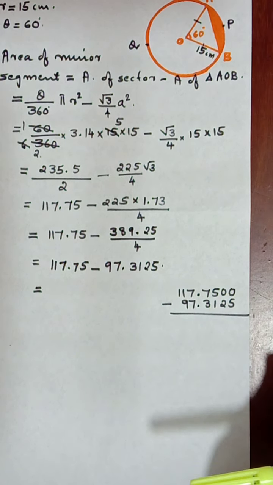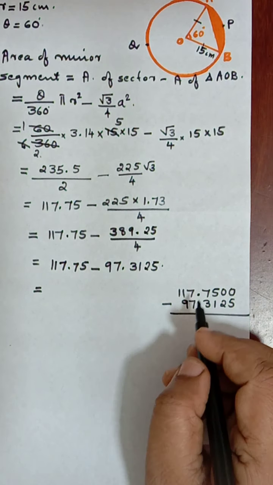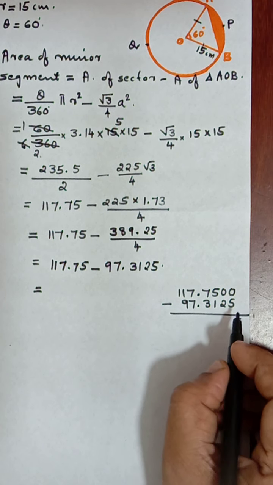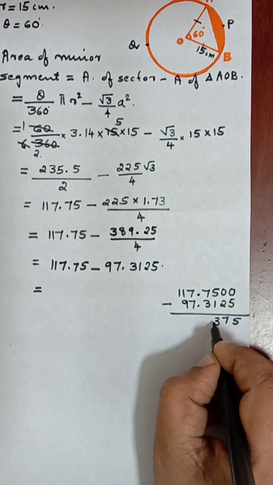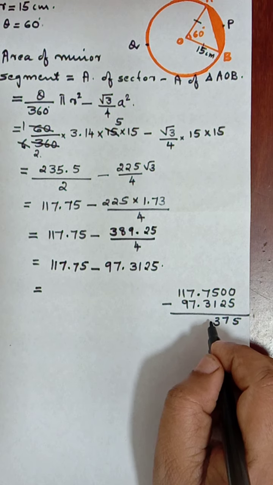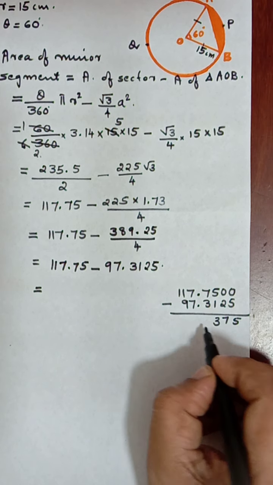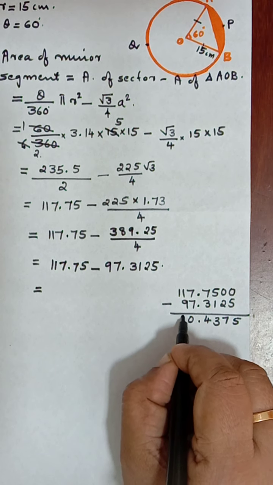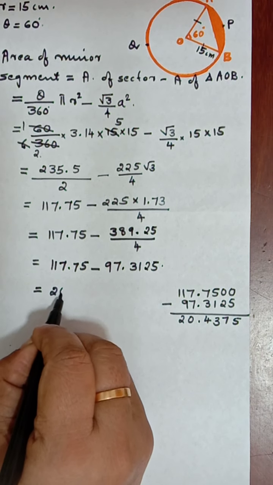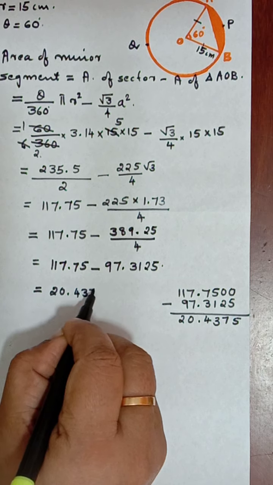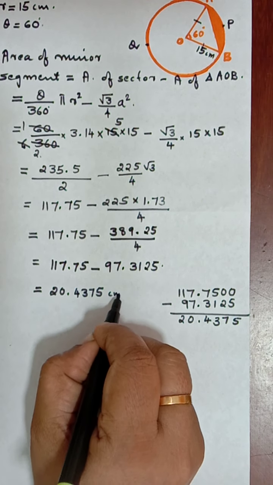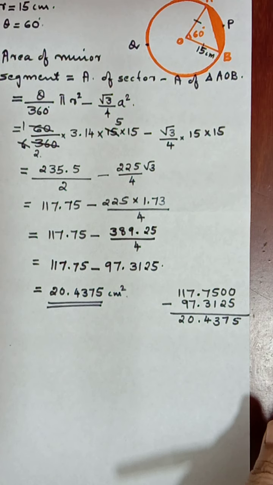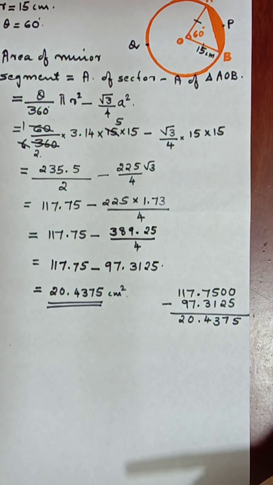So when we subtract, how much are you getting? 20.4375. Area unit is cm square. 20.4375 cm square is the answer.